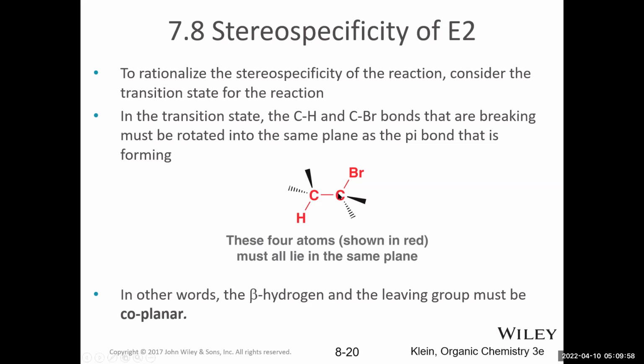And both of those two unhybridized p orbitals need to be in the same plane to overlap to form a pi bond. So because of all the bond breaking and forming that's happening all at once, the atoms need to be in the same plane. So we say that they need to be in what's called a coplanar arrangement.